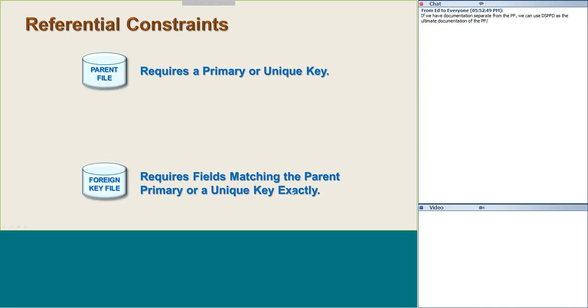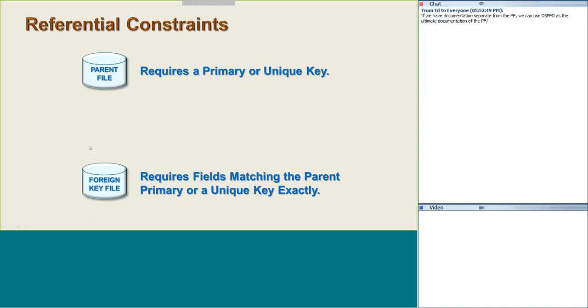Now, this has got to be carefully thought about. In my foreign key file, i.e. my dependent file, my child file, I have to have fields that match my unique key in my parent, either primary or unique. They do not have to form part of the foreign key file's key, i.e. they do not have to form part of the primary key on this file.